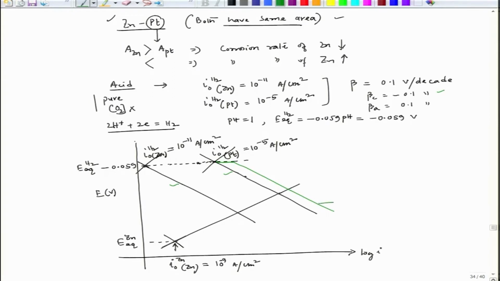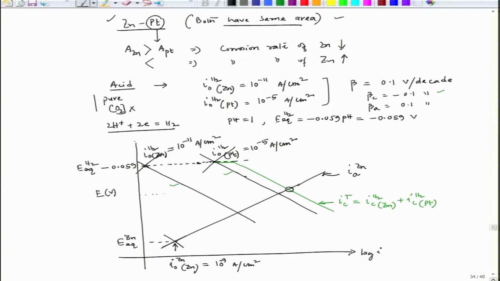So, the green line is IC total equal to IC hydrogen evolution over zinc plus IC hydrogen over platinum, and this particular line belongs to IA zinc.